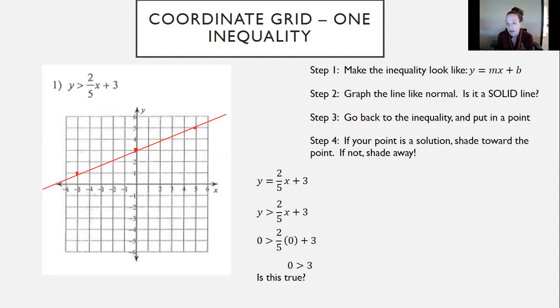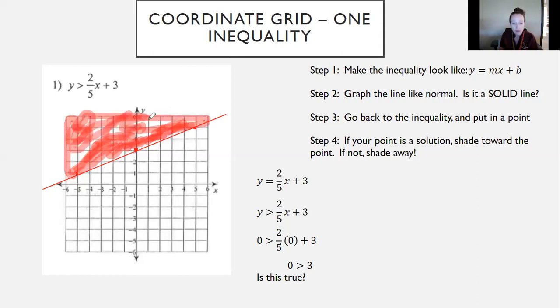Well, step 4 says, if your point's a solution, shade toward the point. If not, shade away. So again, is 0 greater than 3? No. So that means I have to shade away from 0, which means everything that I am shading, you can pick any point in the region that I'm shading.